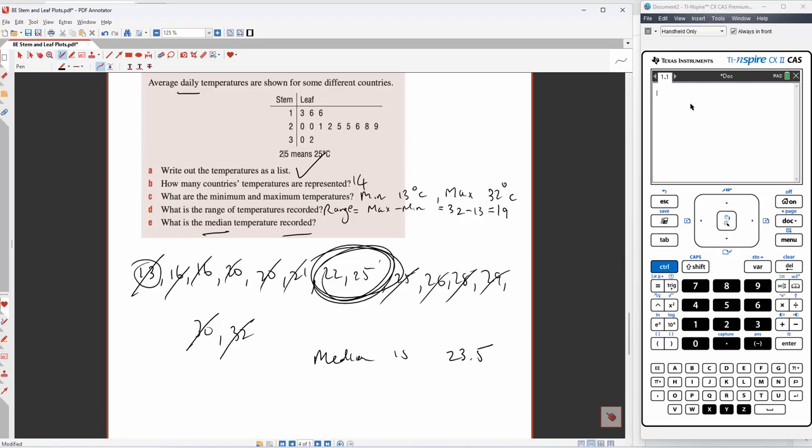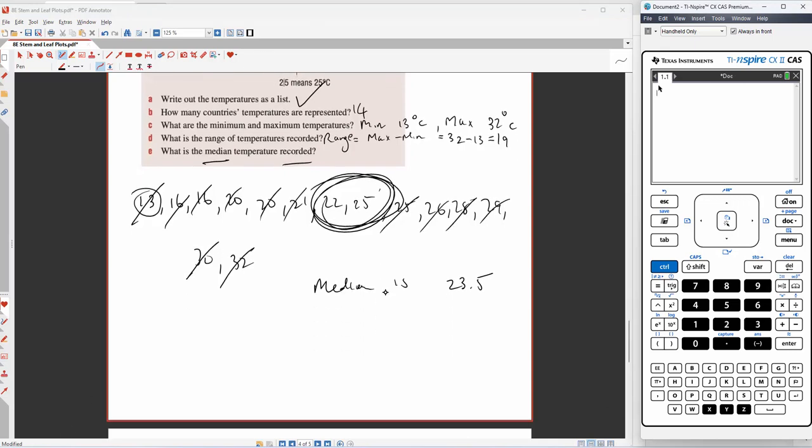Now I know that one, but you might find that a calculation will help you with that. So what you're going to do is get the halfway point by doing 22 plus 25 and then halving the result.